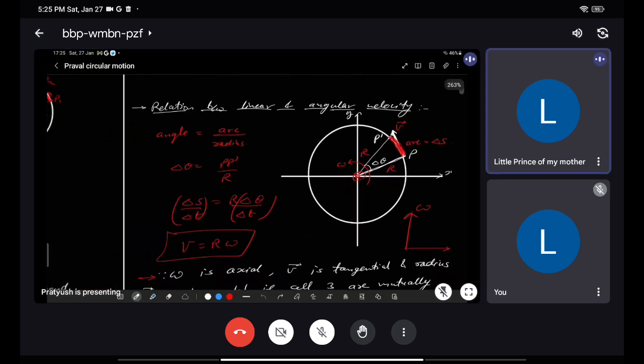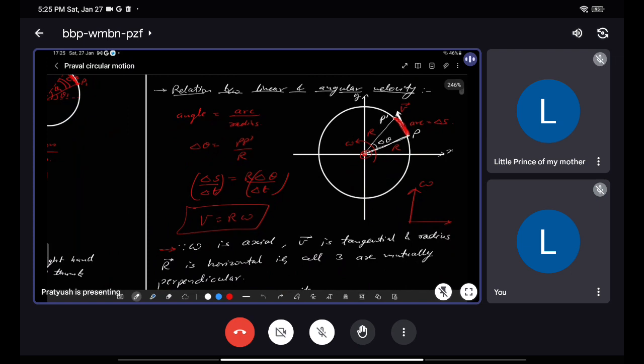Now, next is the relation between linear and angular velocity. We know that in the radian measure of angle, that is circular measurement, angle covered is equal to arc divided by radius.